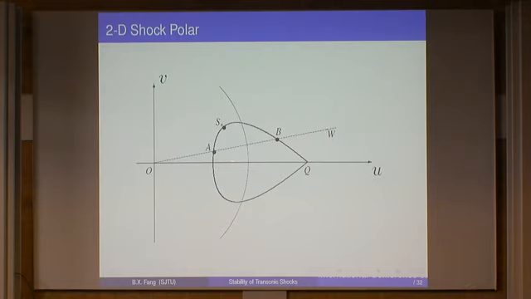And if the angle is a little larger, you will see that there will be a critical angle, which is tangential to this loop. I denote it as star. This is a critical angle. If the angle is larger than this critical angle, then there is no intersection of this ray with this loop, so we don't have the attached shock solution.